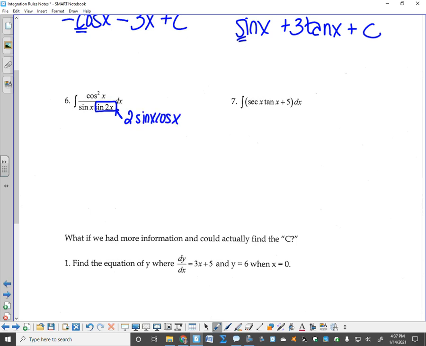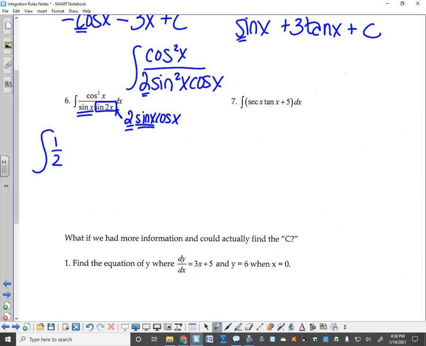If you can only remember one double angle, that's the one you need to remember. So now this is cosine squared x over 2 sine squared x cosine x, because this sine and this sine give me a sine squared. The 2 kicks right there, and then I have a cosine.